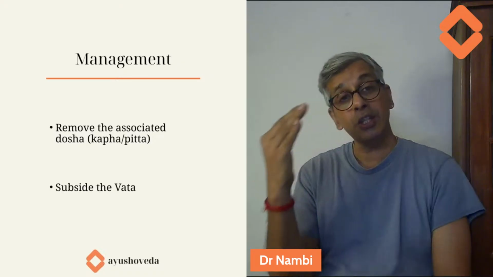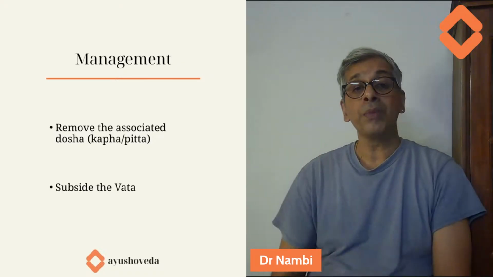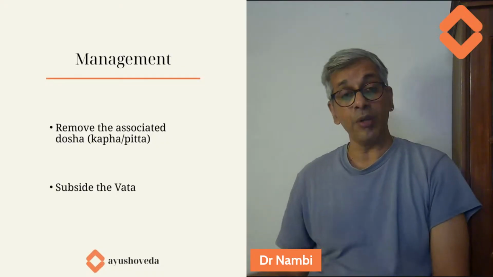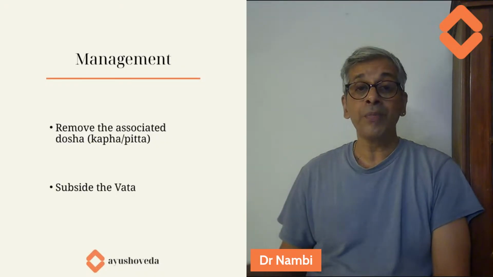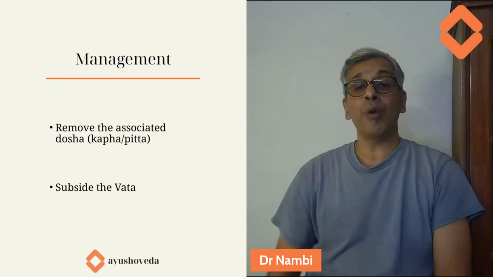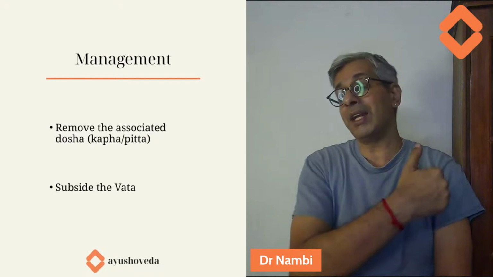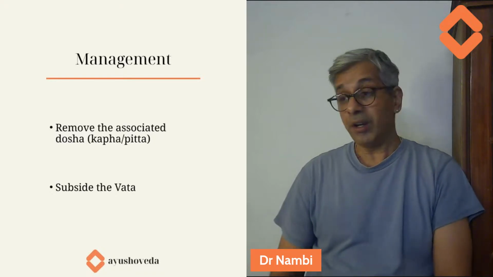First, the swelling has to be removed before you manage the joint. Likewise, in pitta also, first you have to remove the inflammation. Once the inflammation is removed, then we can get into the kevala vata, and then we subside the vata and take care of the joint disorders.